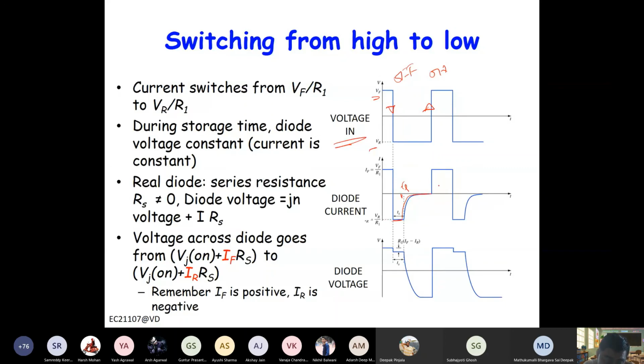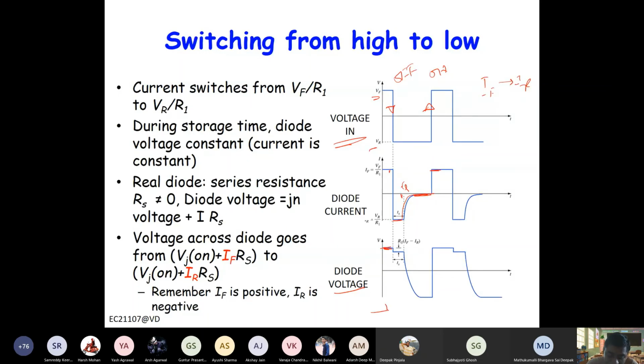Then during the turn on, the diode current changes directly from reverse saturation current to forward current, and the same thing follows for the other. What about the diode voltage? The voltage across the diode is V initially. Now when you change the applied voltage, the current changes from IF to minus IR.